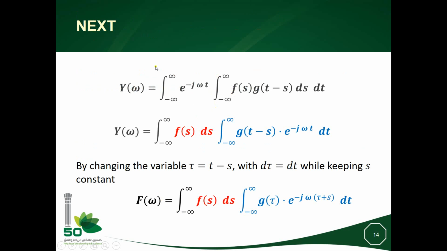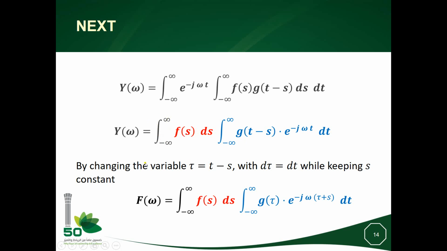Now, since I can reorder the integration process, I can bring f(s) ds here, and I will integrate the rest with respect to time, and I will keep s as constant. When s is constant, I will get a function which is only dependent on omega and s. And then I will perform the integration with respect to the variable s by multiplying by the function f(s).